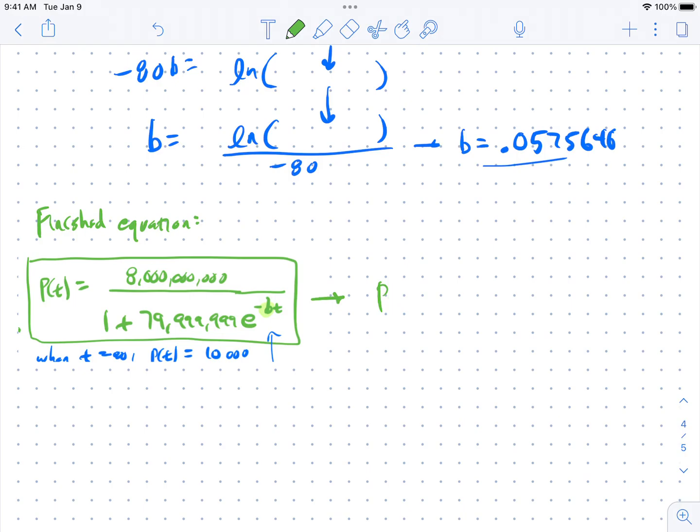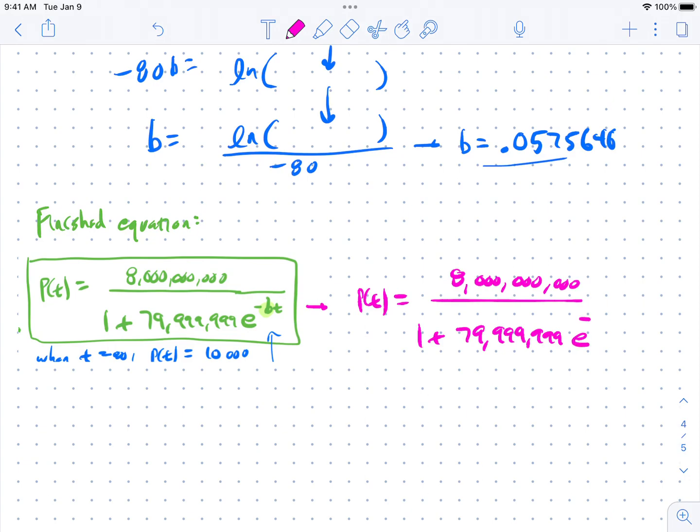So we're going to have P of T. In fact, I'll use a different color now. Now I'll use purple. So P of T is equal to 8 billion over 1 plus 79,999,999 times e to the negative, and I put my b in there, 0.0575646 t.